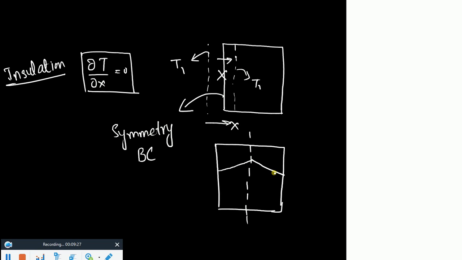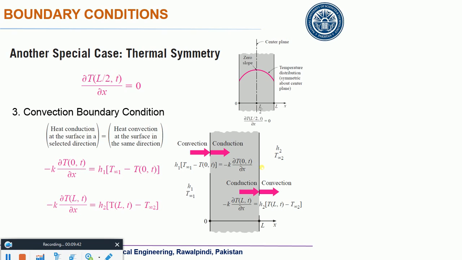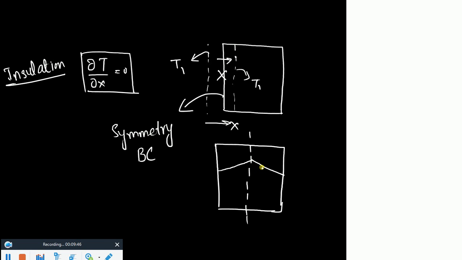Image, isn't it? The same temperature profile at all the distance. Whatever the variation of this one is, the same variation you would have on the other side. So this is an example of symmetry boundary condition. Remember that. Yes, that would act as an insulation boundary condition.